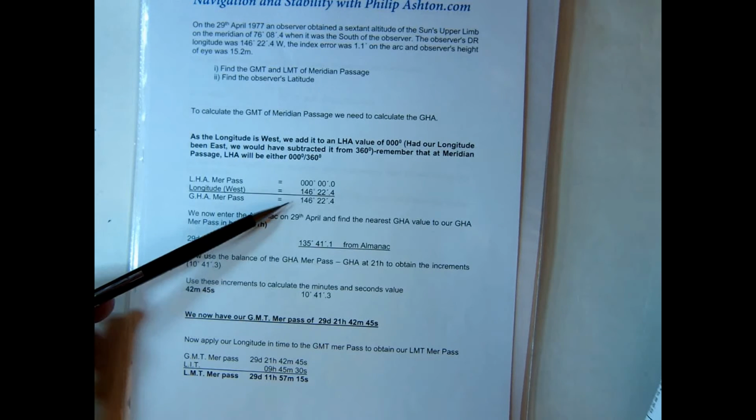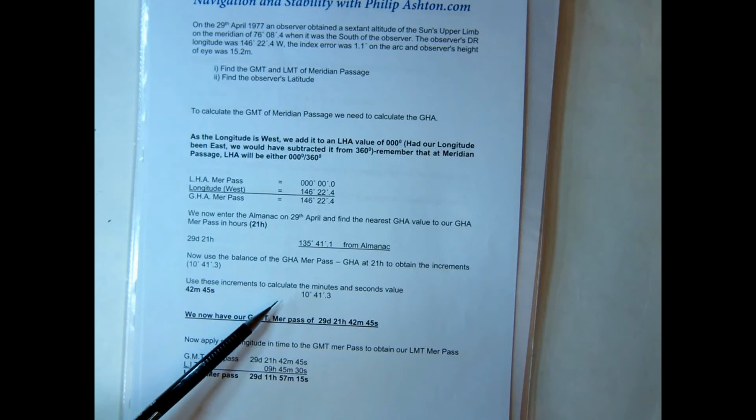Then we subtract that value from the original 146, and that leaves us with increments of 10°41.3. So now we go into the increments section and find 10°41.3, and that gives us 42 minutes 45 seconds. So our GMT is the 29th, 21:42:45.